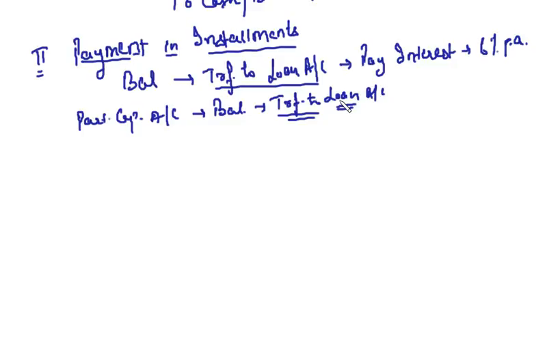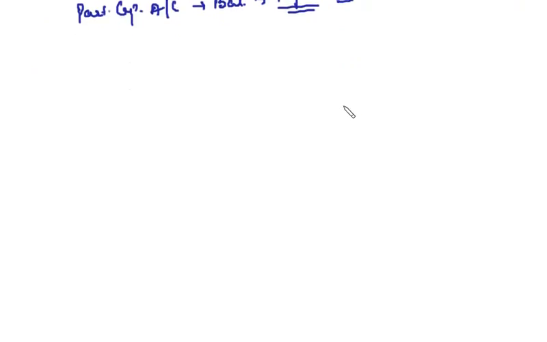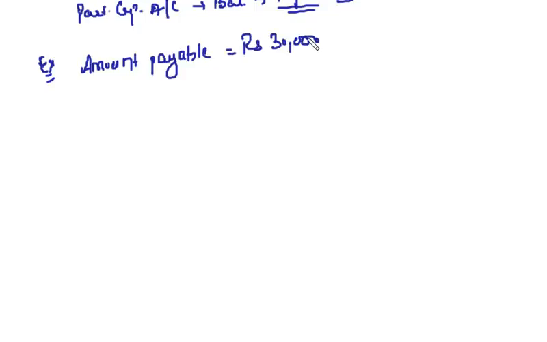Right? Now, let's take an example. Suppose that the amount payable to the retiring partner is rupees 30,000. And the continuing partners say that we will pay in 3 yearly installments.